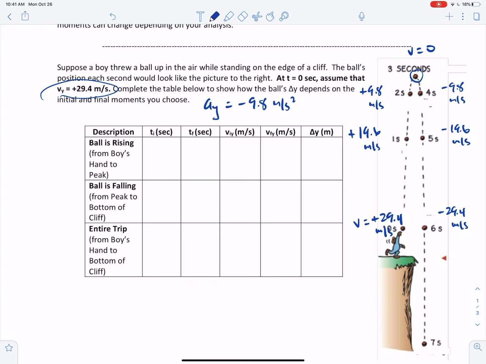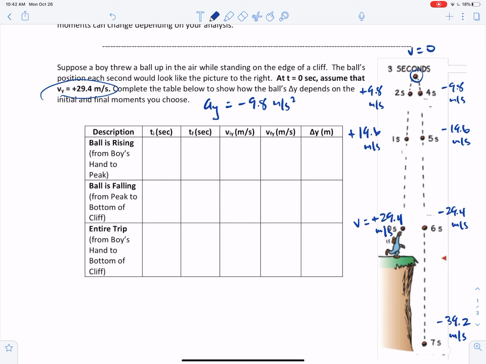And then at 7 seconds, it's going to be subtracting 9.8 again, which means the final velocity just before it hits the ground is going to be negative 39.2 meters per second, okay? Again, this is assuming this initial velocity, and it's assuming that the ball is in perfect free fall, meaning that there's no air resistance, and it's accelerating at exactly negative 9.8 meters per second squared.